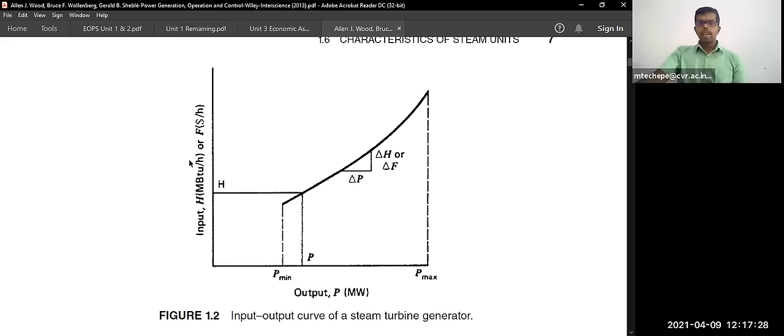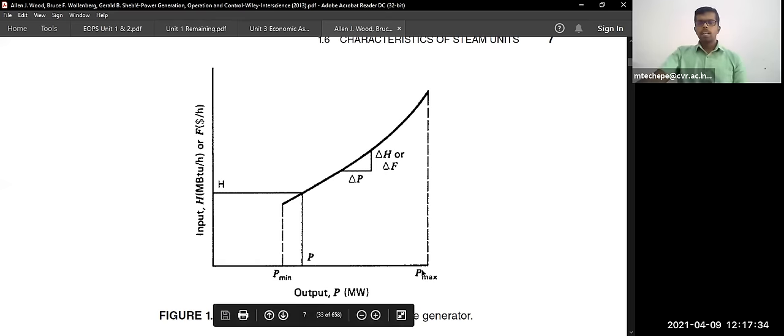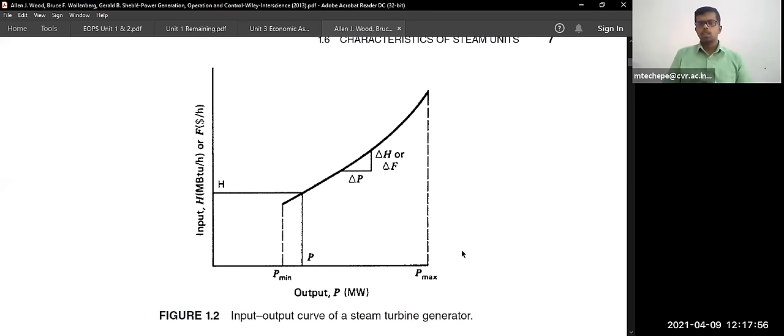So if you take either heat or fuel on this axis, on the other axis we are taking the power generated, that is the power output, in megawatt, that is 10 to the power of 6.